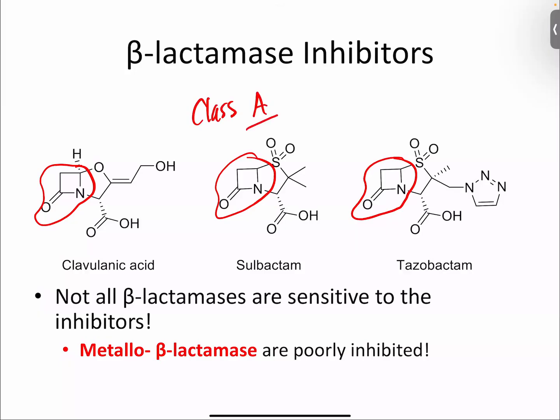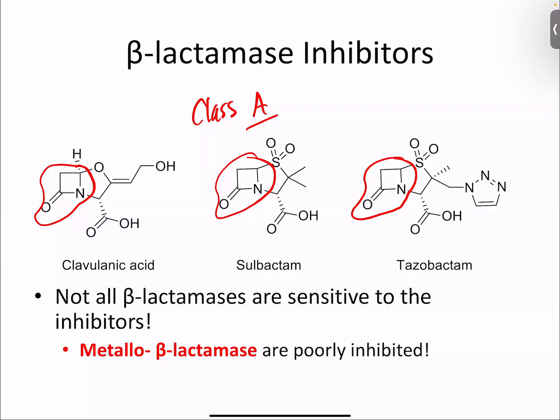Class A enzymes are the most sensitive to these inhibitors. They won't touch class B enzymes. So class B, the metallo-beta-lactamases, are not sensitive to these guys. And then class C and class D most likely aren't going to be sensitive to these classical inhibitors as well. How well that's represented on our handout.